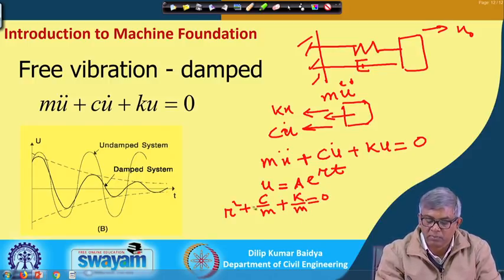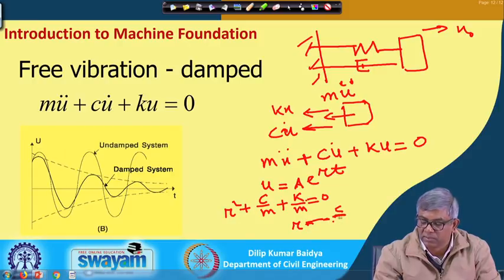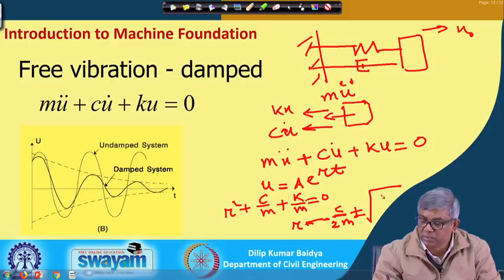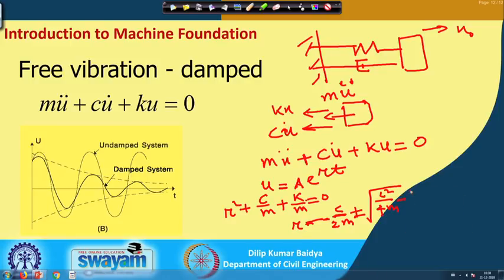If I solve for r, then r will be equal to minus c by 2m plus or minus under root of c square by 4m square minus k by m. I will get the r.